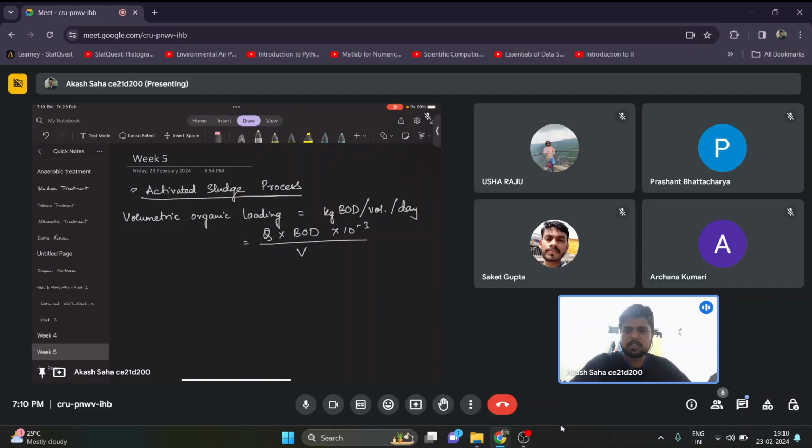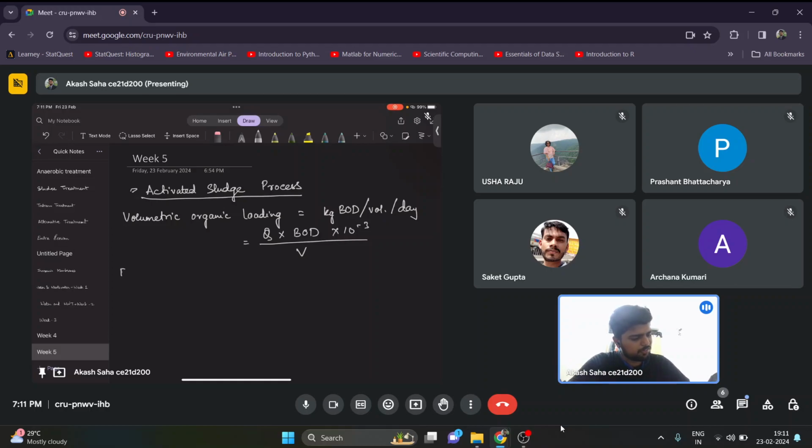This is volumetric organic loading, and it can be a direct question in the MCQs, like find out the volumetric organic loading. We just have to find out how much mass of BOD is coming into the system per volume of the reactor per day.